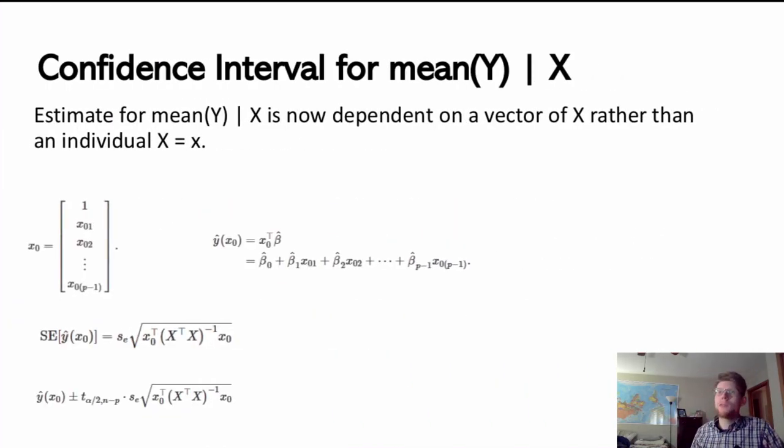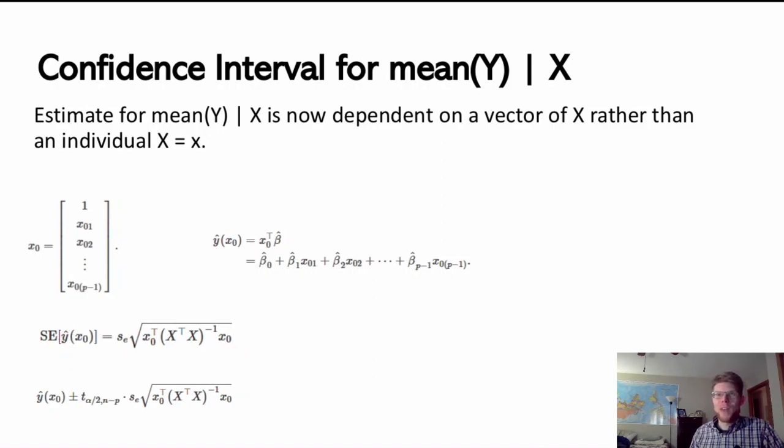We can also make confidence intervals for the mean of y given a particular x. So it's not just confidence intervals for beta naught, beta 1, beta 2, but a confidence interval for the mean value of our response at a particular value for x. Again, there's some mathematical setup that we're not going to worry about deriving as much as we like that it exists and that somebody has done this.